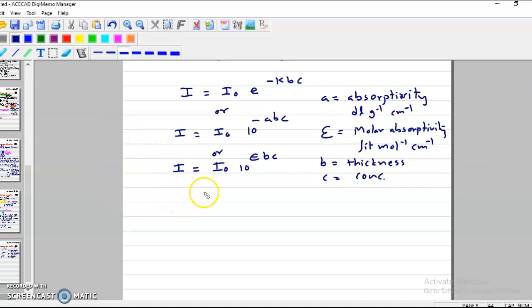Now, if we go ahead a little bit, to the base 10, that should be minus, then we can take I upon I0 equals 10 to the power minus abc.